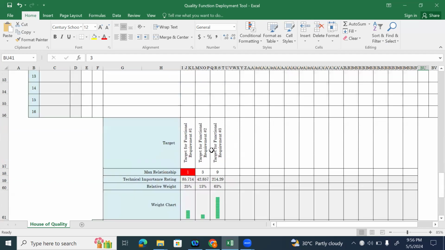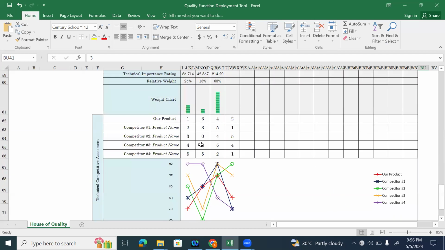And in the second functional requirement target, we are at 3 points against the competitors, where some competitors are at 5. So here, when you have 5, there is a scope for improvement. But it's only one competitor that is above, okay? Whereas the remaining 3 are at par, or it is better. So we can put it as target.